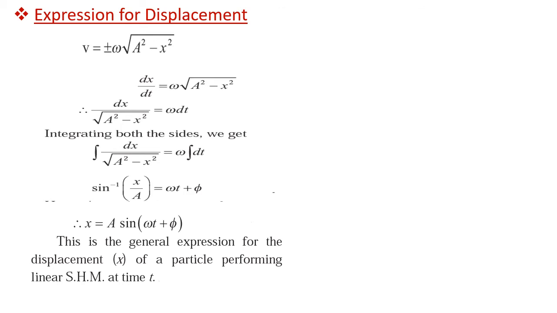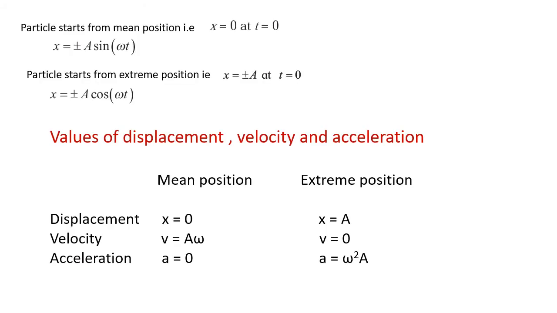Now let us quickly check what the values of displacement are if the particle is starting from mean position and if it is starting from extreme position, and then what the values of displacement, velocity and acceleration will be accordingly. If our particle starts from mean position, that means the time is 0 and x, that is displacement, is equal to 0.